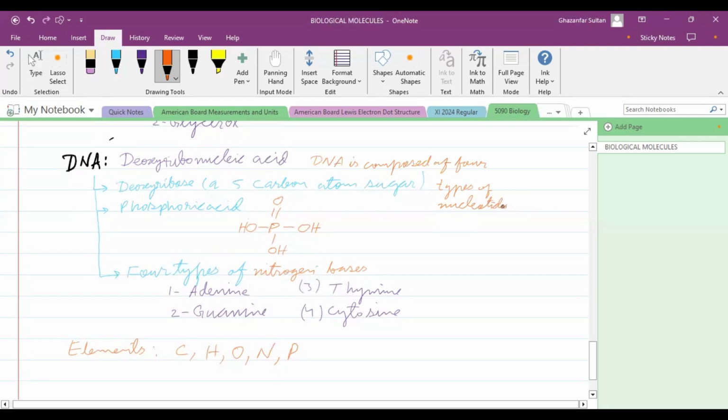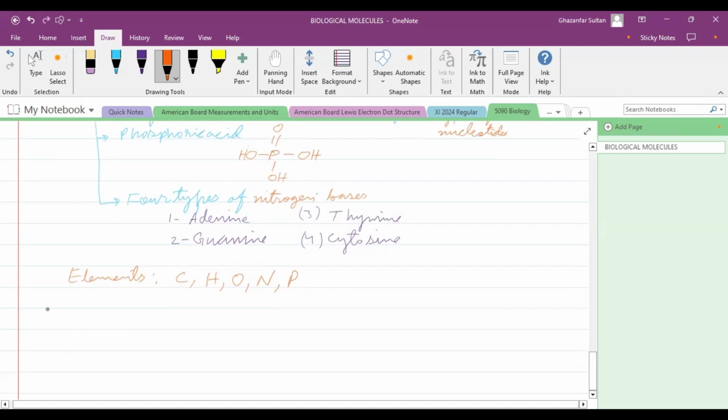Okay. And each nucleotide comprises these three chemicals: deoxyribose, phosphoric acid, and any of these nitrogen bases.